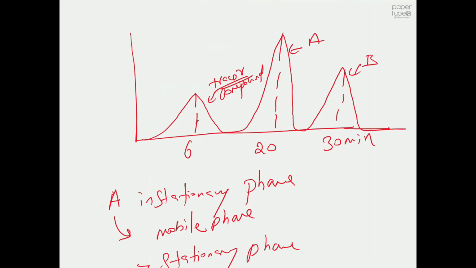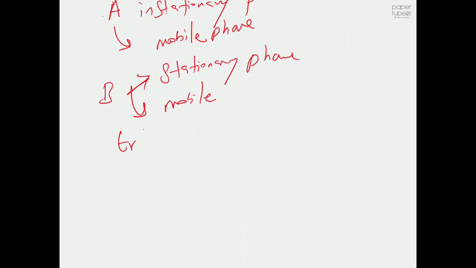And if I ask you to calculate the retention time, there is nothing to calculate, it's already there on the graph. So the retention time of A is 20 minutes, don't forget the units, and the retention time of B is 30 minutes.